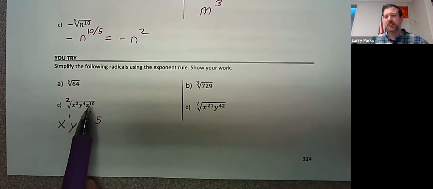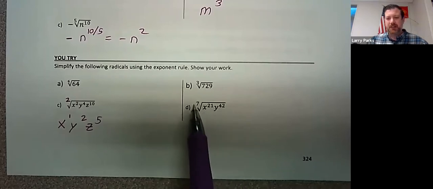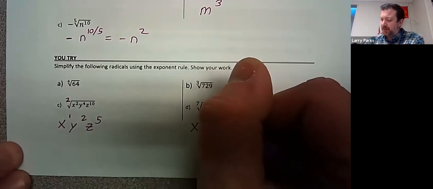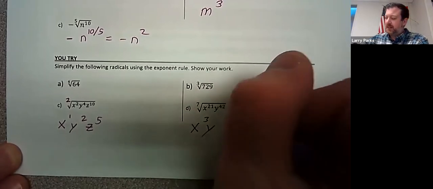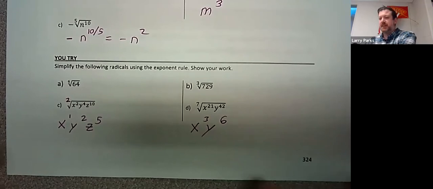So like, what if this was an 11? I'm going to show you what you do here on another page. Here, just take all the exponents divided by 7. 21 divided by 7 is 3. And 42 divided by 7 is 6. So that is how you simplify radicals, the easy type.